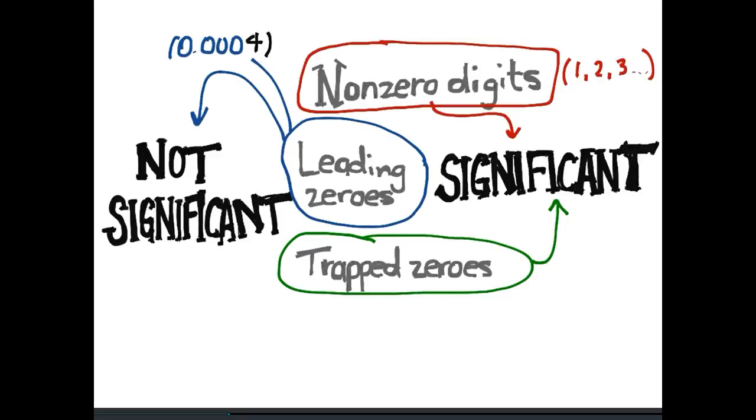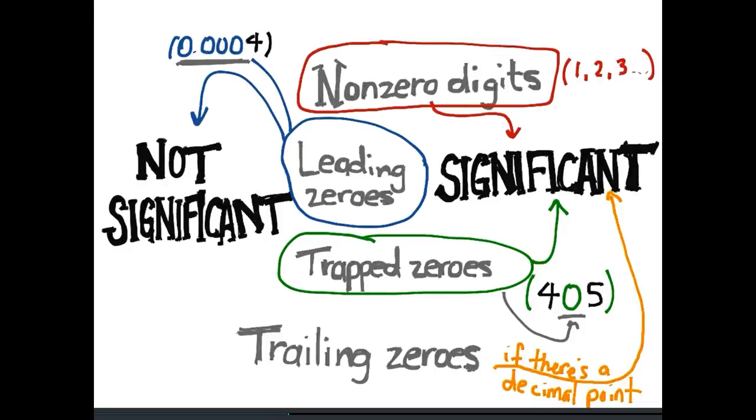There are 4 leading zeros, none of which are significant. That number has only one significant digit, just the 4. So these zeros are all not significant. That 4 is the only significant one. For trapped zeros, that zero in the middle of 405 is significant. So the number 405 has 3 significant digits.